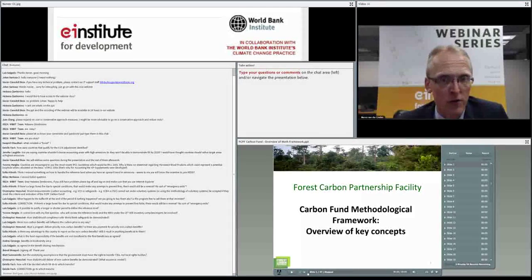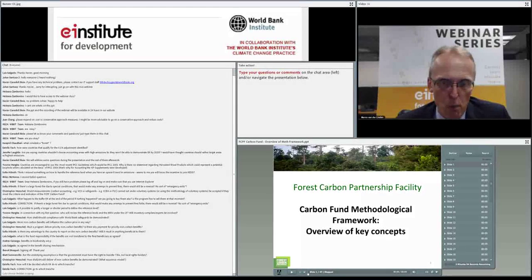In terms of how you're going to monitor it, as I said, the methodological framework just says, okay, you need to come up with some way to provide information on these priority non-carbon benefits. But it's not specific that you need to quantify things. So as a country or as a program, you can come up with your own solutions, and basically the idea is that you report on that.